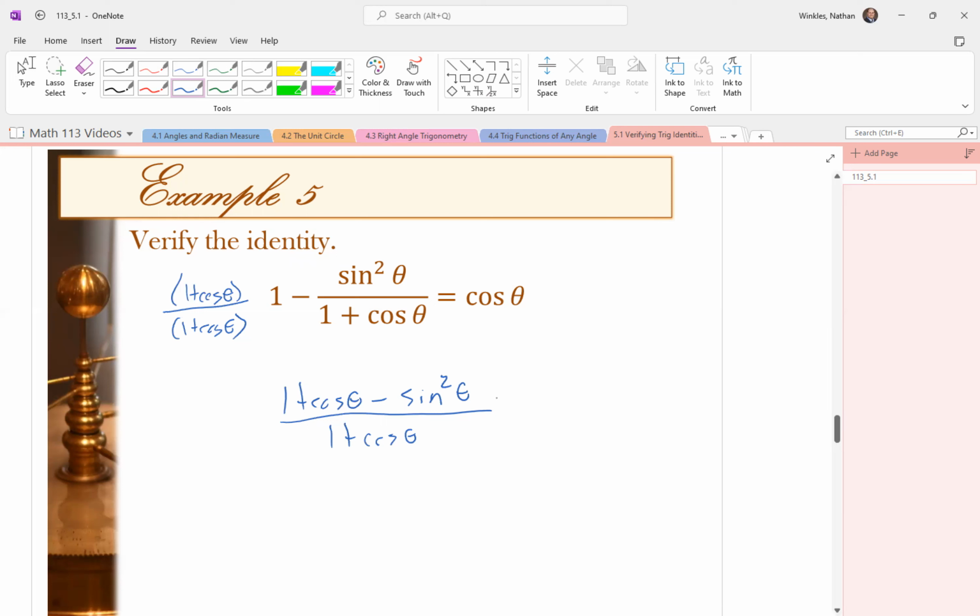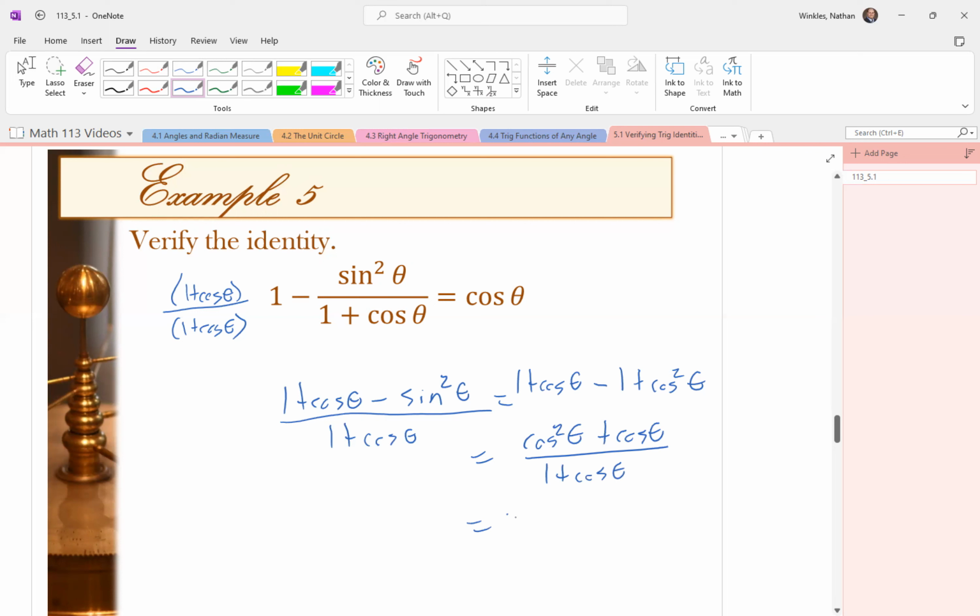So what my instinct says here is I'm going to replace the minus sine squared theta. So I get 1 plus cosine theta minus 1 plus cosine squared theta. So this equals cosine squared theta plus cosine theta over 1 plus cosine theta.